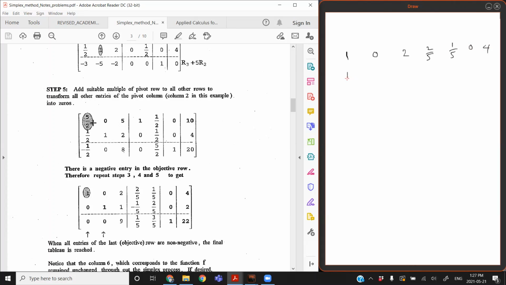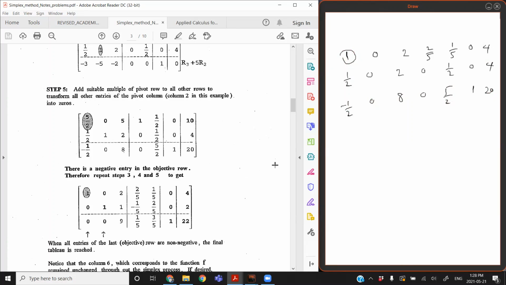And then I have the 2 other rows, 1 over 2, 0, 2, 0, 1 over 2, 0, 4. And then I have the last row, negative 1 over 2, 0, 8, 0, 5 over 2, 120. No change there. So this step only gets a 1 in this position by multiplying this row by 2 over 5. So you get 1, 0, 2, 2 over 5, 1 over 5, 0, 4.